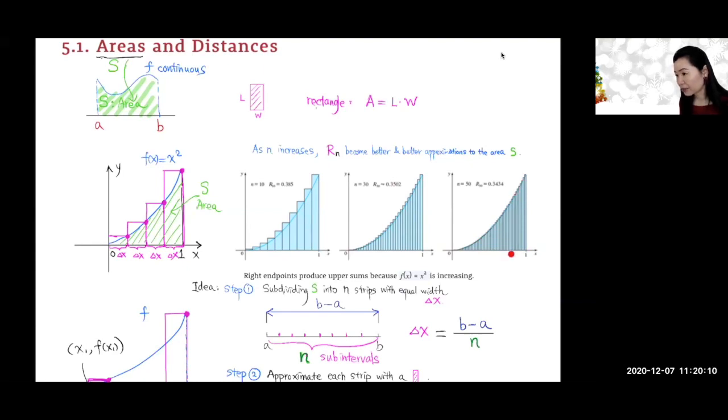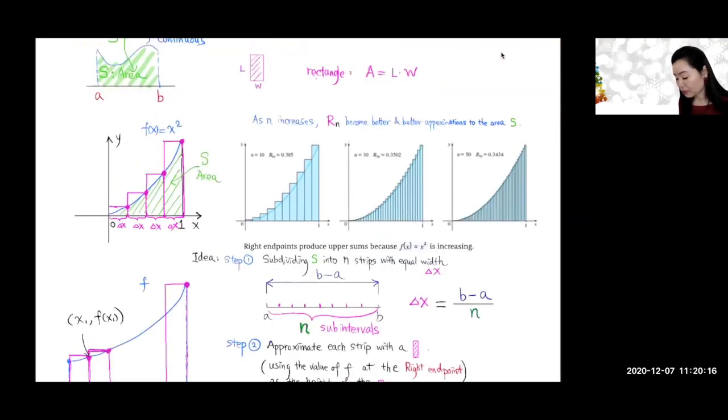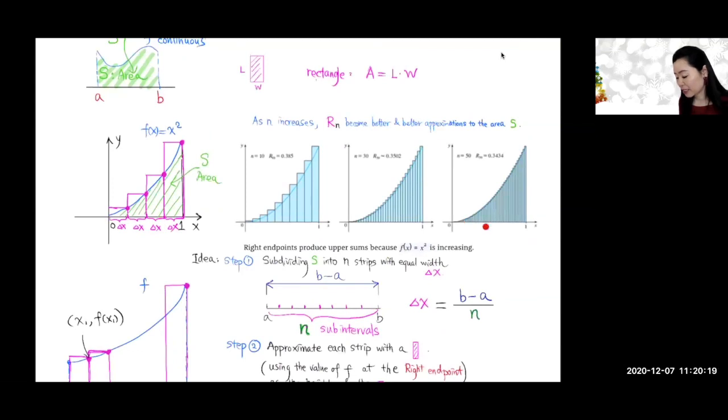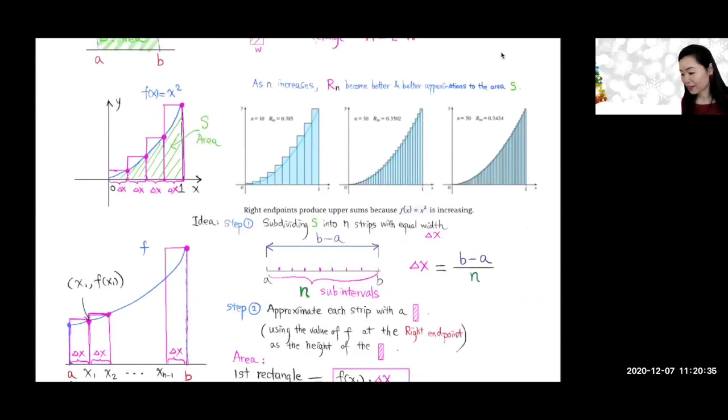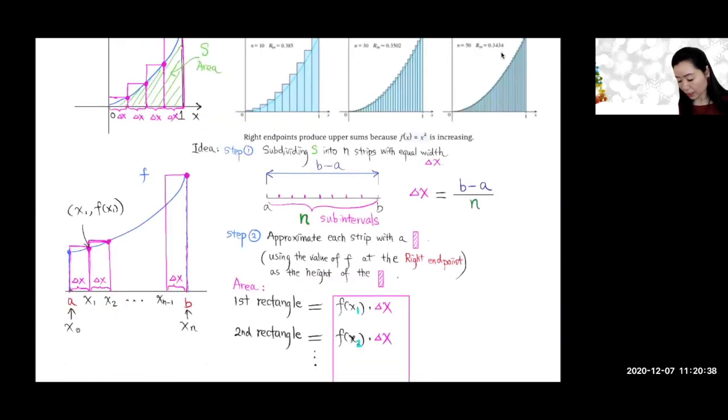You can imagine this process continuing this way. Later we're going to define the area under the curve as the limit of the sum of those rectangles as delta x gets smaller and smaller. So this is the idea.